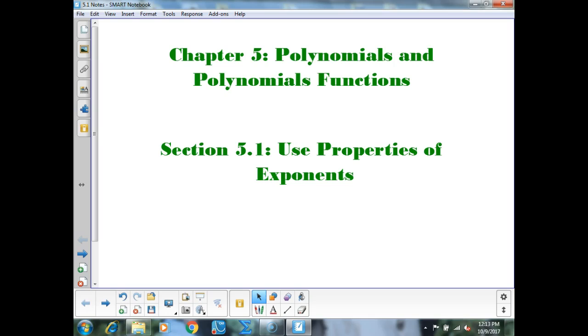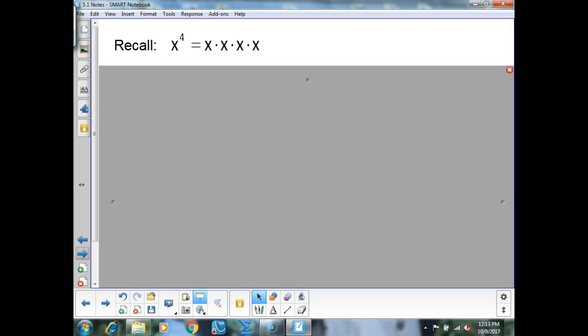Now, for most of you in the room, this should be your 4th go-around with your exponent rules, because you did them in Algebra 1, you did them in Algebra 2, and you did them in Geometry. So this should be the 4th trip around this block. So, remembering that x to the 4th power means x times x times x times x, let's see what you remember.